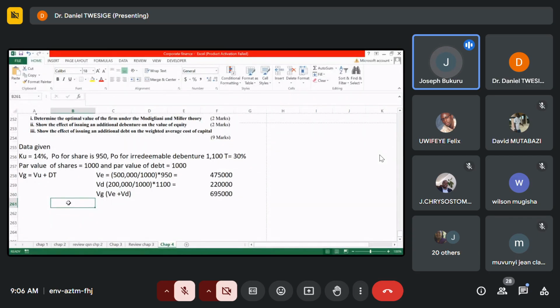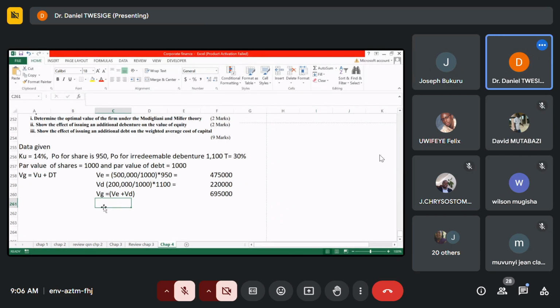I'm confused, the question is asking the optimal value of the firm, which is the VG. For me, I think this is the value of the firm, but they are asking optimal value, where I think we have the minimum. Okay, that's the current value.